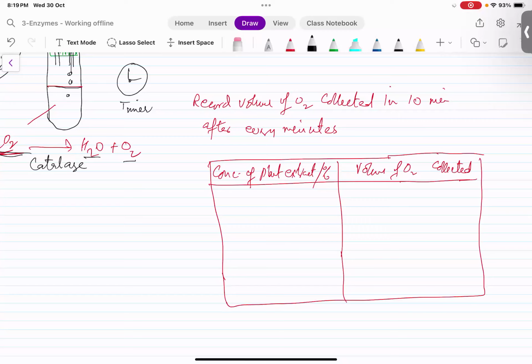This is 100%, this is 80%, this is 60%, this is 40%, this is 20%, and we can record the volume collected. We can repeat this experiment with every concentration.